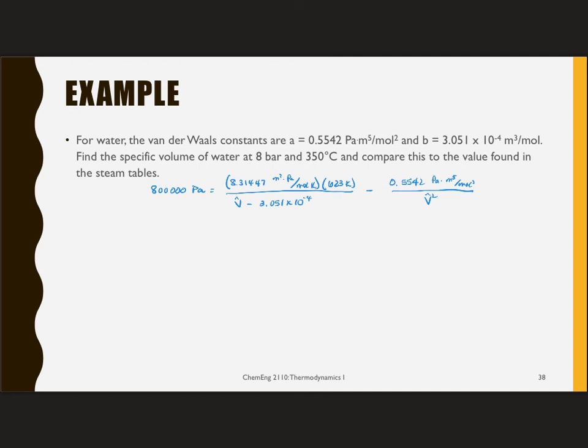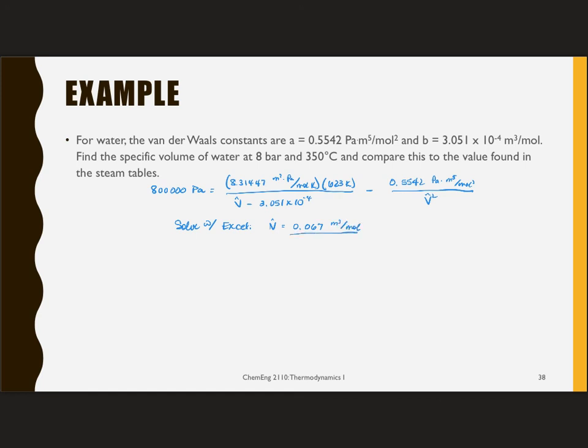Okay. Now it turns out that if you try and clear the fractions, it's a cubic equation of state, third order polynomial. I solved this with Excel. You can solve it whatever way you choose to. I got that V is 0.067 cubic meters per mole.